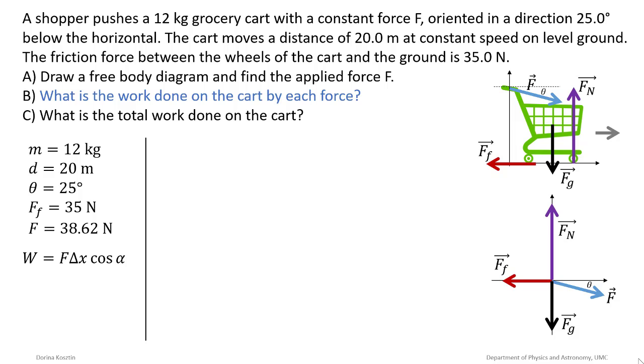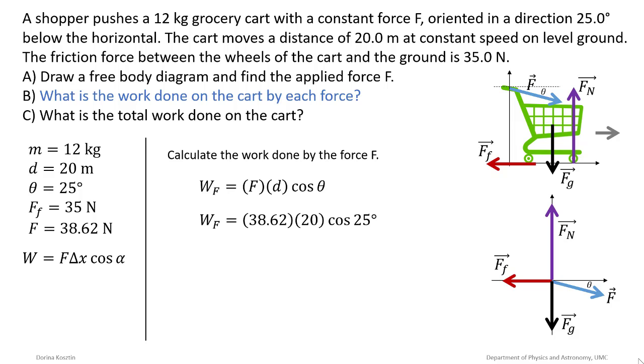And the last force is the force F. So let's calculate the work done by this one. In this case, we can write that the work done by the force F will be equal to the force F multiplied by the displacement or the distance traveled d multiplied by the cosine of the angle between them. The angle between the direction of motion to the right along the x-axis and the force F is nothing else than the angle theta.